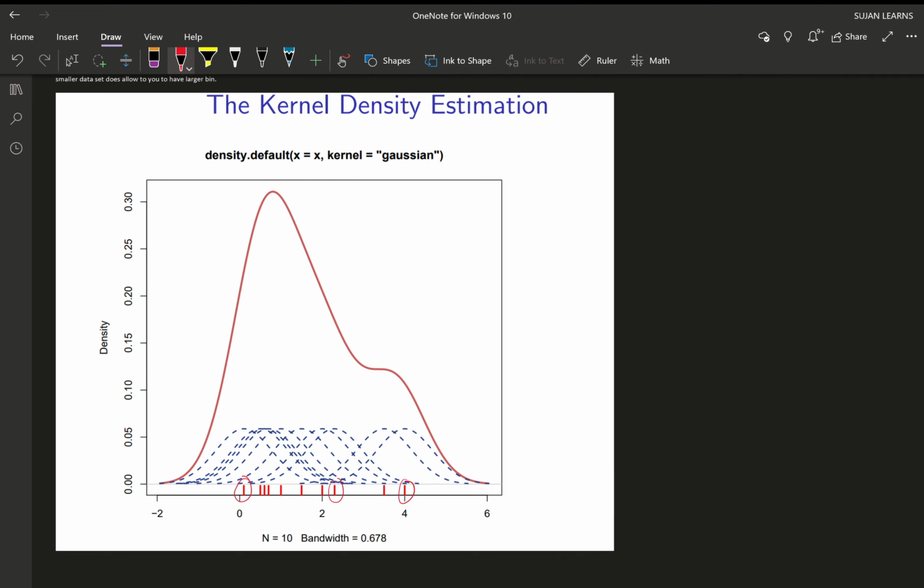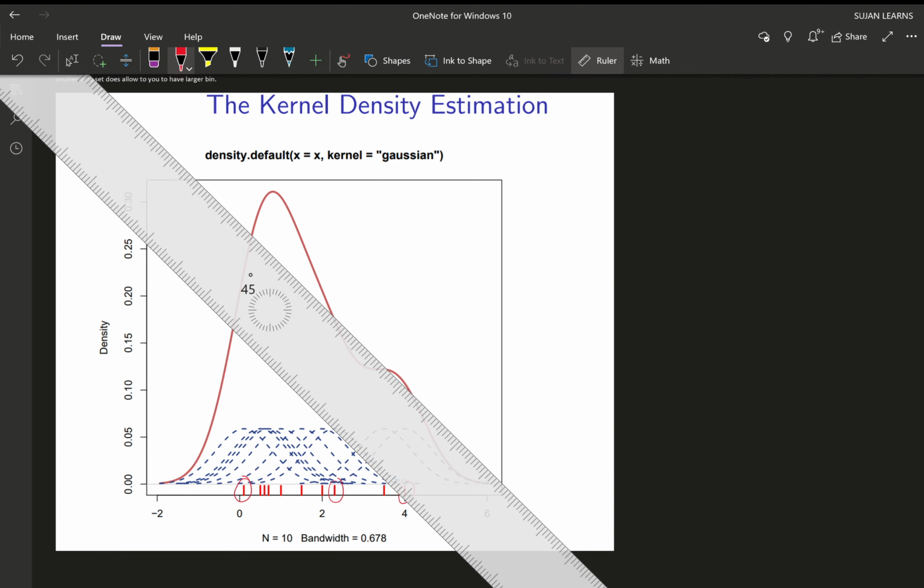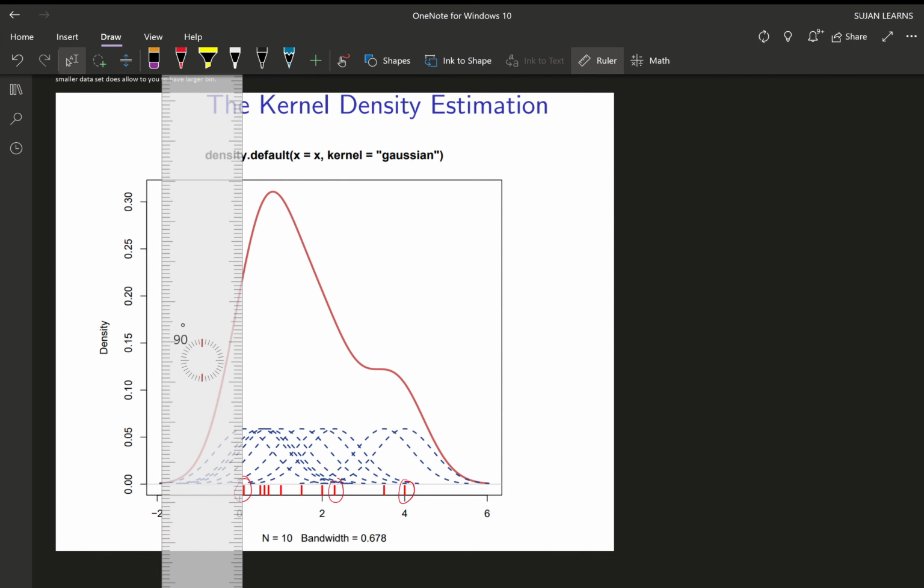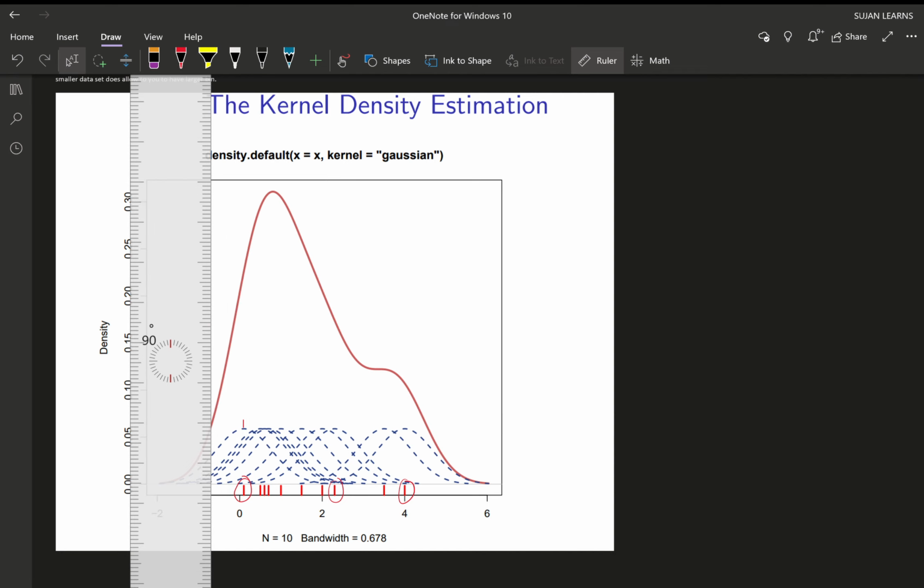So what we do is we take any point here. Let's suppose we take this point, and we add the height of these curves.